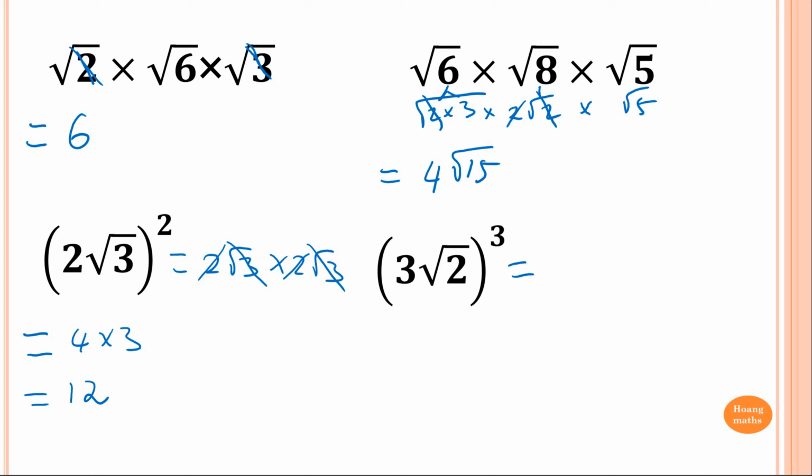So root 3 root 2 to the power of 3, it's just the same as 3 root 2 all squared times 3 root 2. My apologies. And then 3 root 2. See? So this one here is 3 squared is 9. 9 times 2 is 18. 18 times 3 root 2.